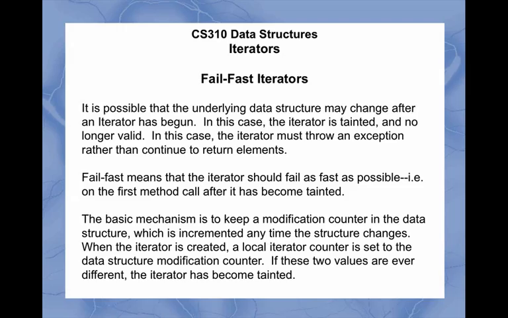The next thing I want to talk about is fail-fast iterators. It's possible that the underlying data structure might change after an iterator has begun. In that case, the iterator is tainted and no longer valid. So in this case, the iterator must throw an exception rather than continuing to return elements.